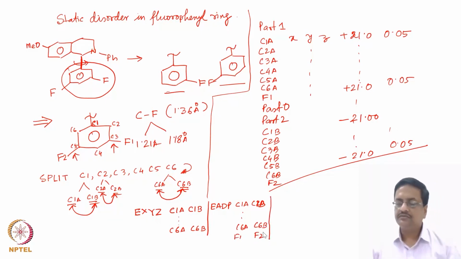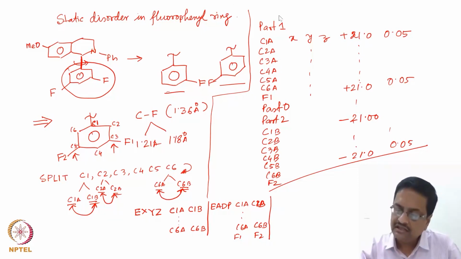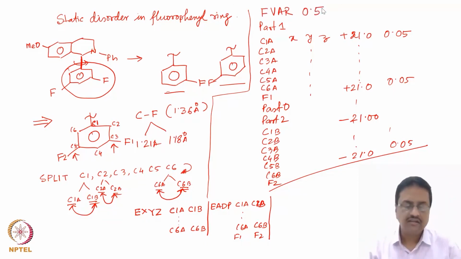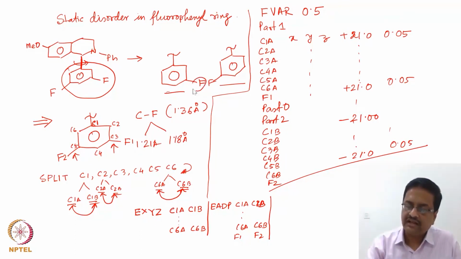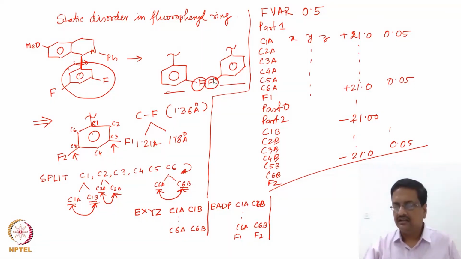If you do this and then do the refinement with a value of FVAR as usual of 0.5, it will refine to a reasonable parameter and will tell you what percentage of the molecule has fluorine on the right hand side, and what percentage has fluorine on the left hand side.